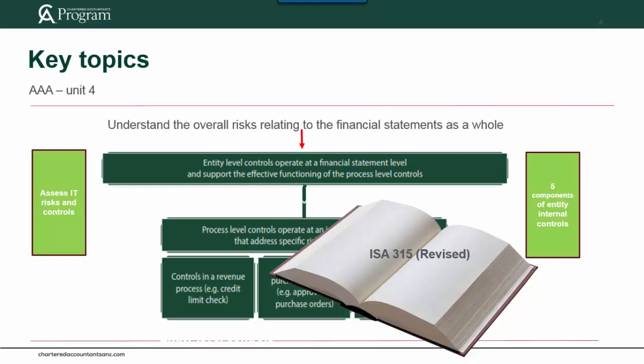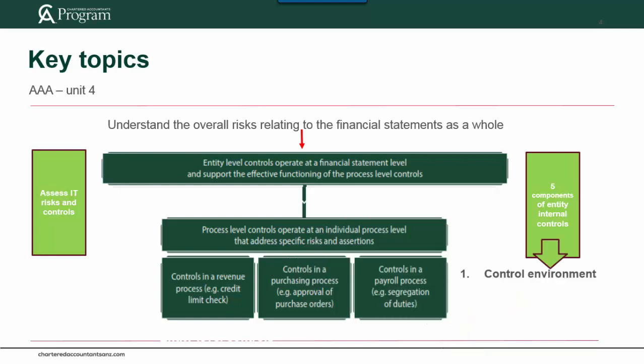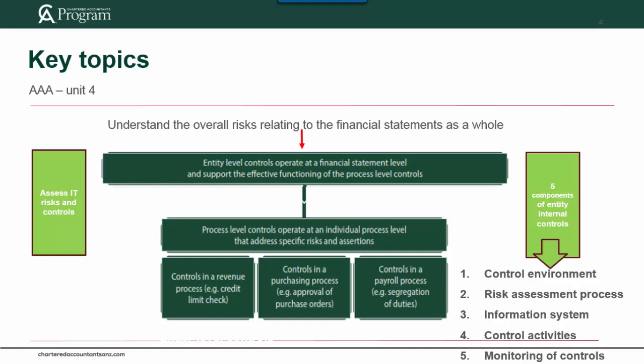These 5 components are the control environment, risk assessment process, information system, including the related business processes relevant to financial reporting and communication, control activities, and monitoring of controls. We'll work through this diagram in more detail, starting with the first key topic, which is entity level controls.